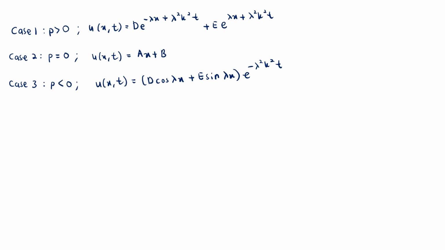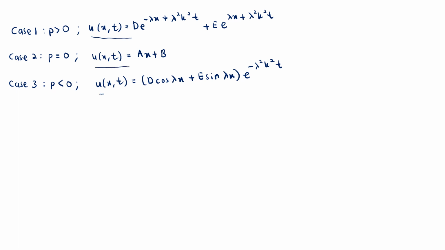So to summarize, there are 3 cases that you need to consider, where the first one is when p greater than 0, p equals 0, p less than 0. So each case you will have their own solution. Okay.